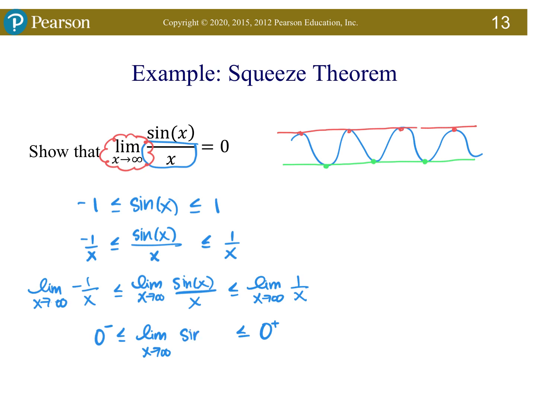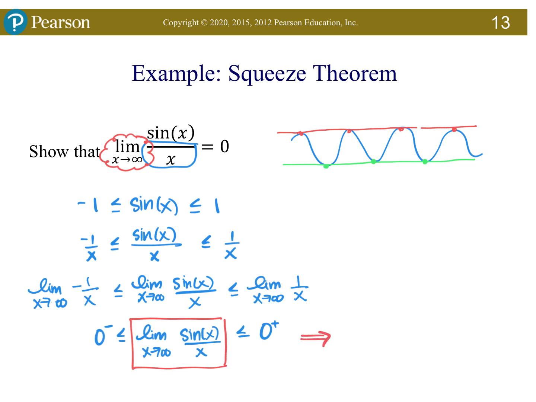Now we've effectively squeezed this problem. The limit that I'm looking for must be greater than 0 minus and less than 0 plus. There's only one number that is squeezed between 0 minus and 0 plus.